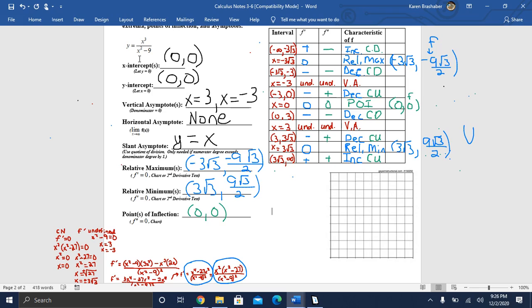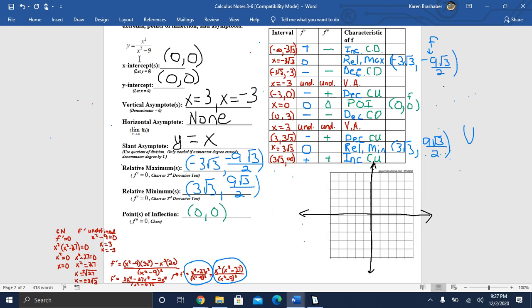Of course, you'll want to place the X and Y axis. Try to get there in the middle, and you may have to extend it some. So you want to plot any points that you possibly can.